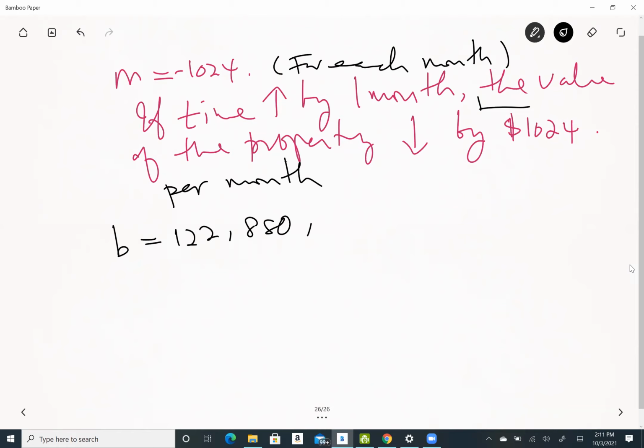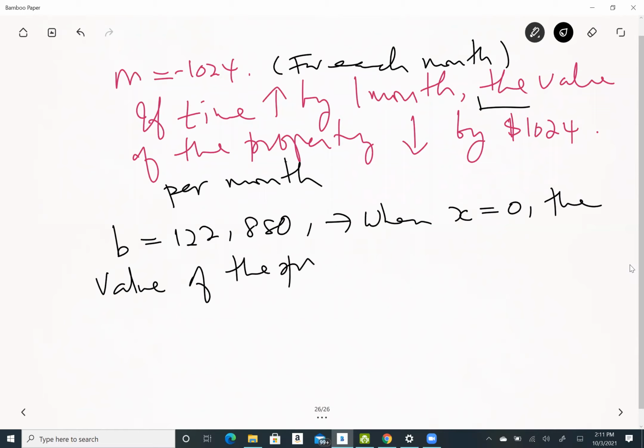When x equals 0, what is y? Y is the value of the property. So when x equals 0, the value of the asset is equal to what?